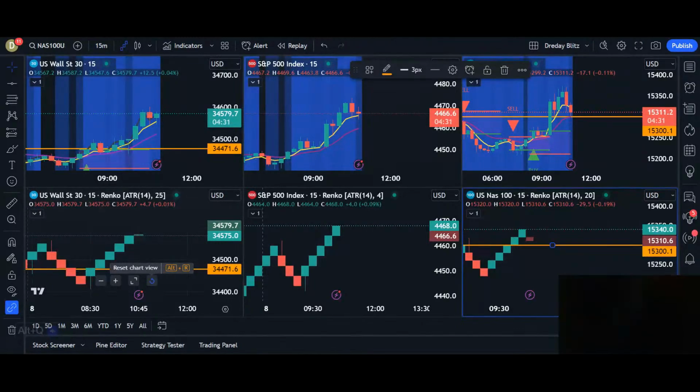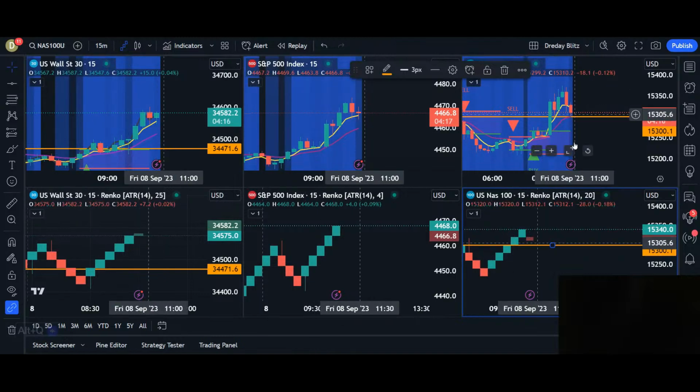Starting from the start of the session, we did see some good movement overall going up on each setup. Currently, the Nasdaq is starting to reverse.